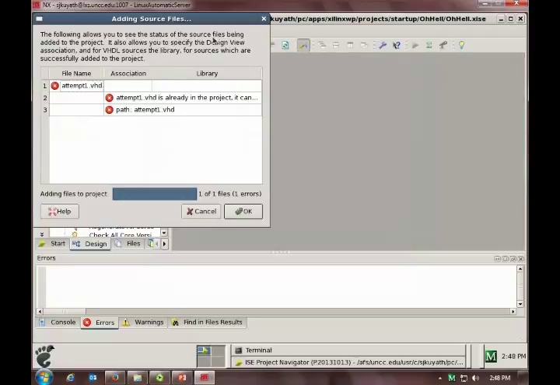Is it still in there? It's being part of the schematic or whatever? I'm sorry? It says it sees them. It shows the status. It also allows you to specify the design view association. And it acts like it's trying to add them.